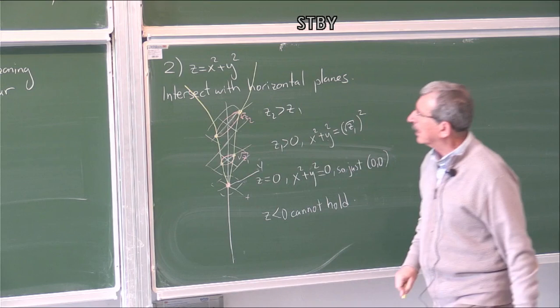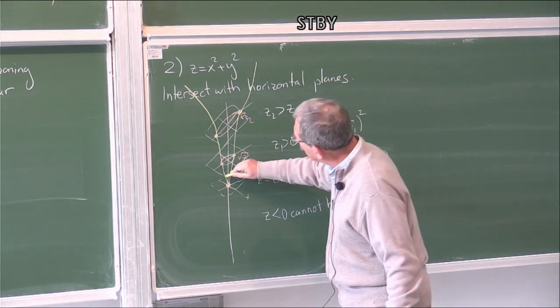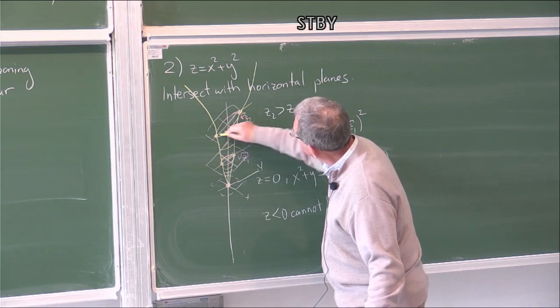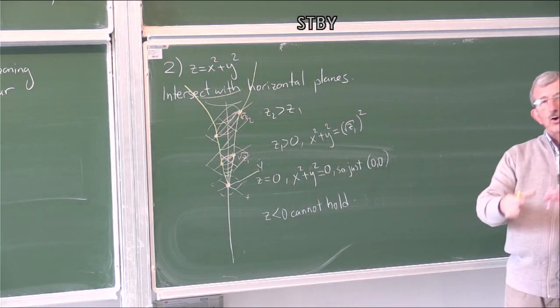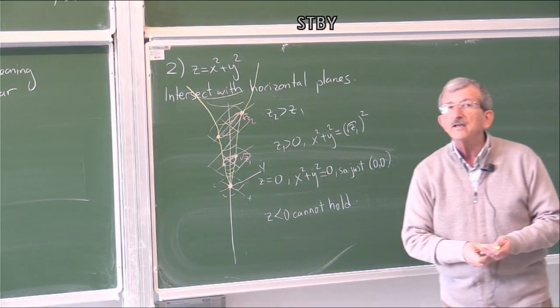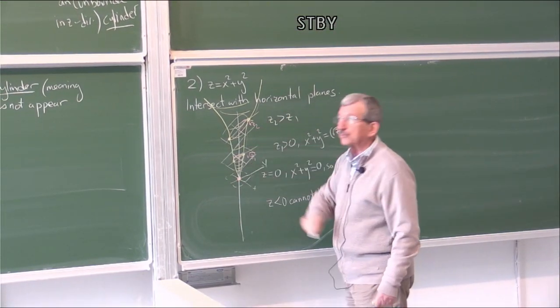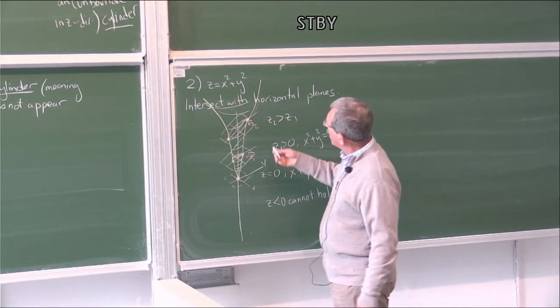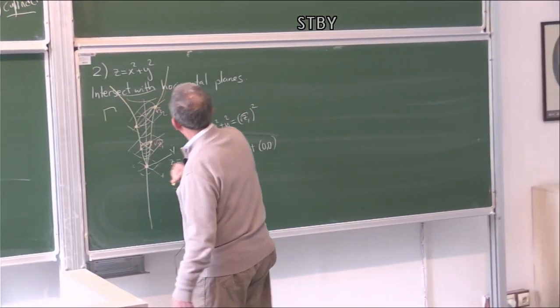Now, the picture will look like, of course, this. You always have circles getting bigger and bigger, but how do they get bigger? Namely, what are these curves? So we want to determine the curve gamma.